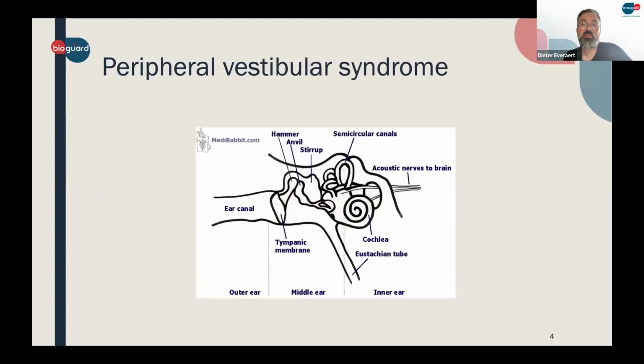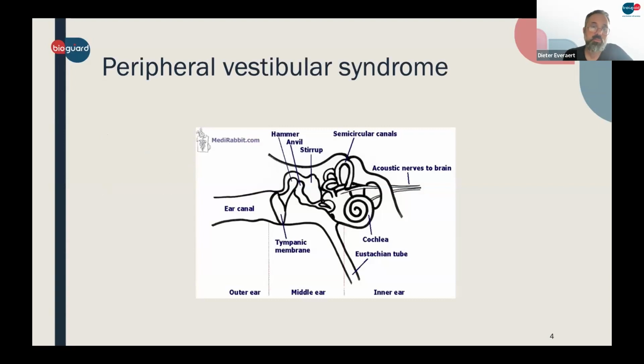So the peripheral vestibular syndrome, as said, involves the middle ear and inner ear. Here is a schematic drawing of the ear of a rabbit.